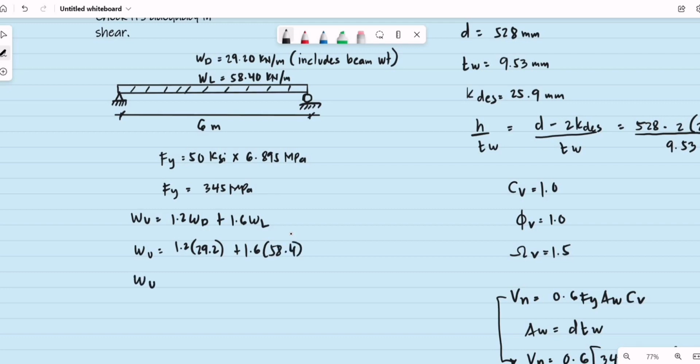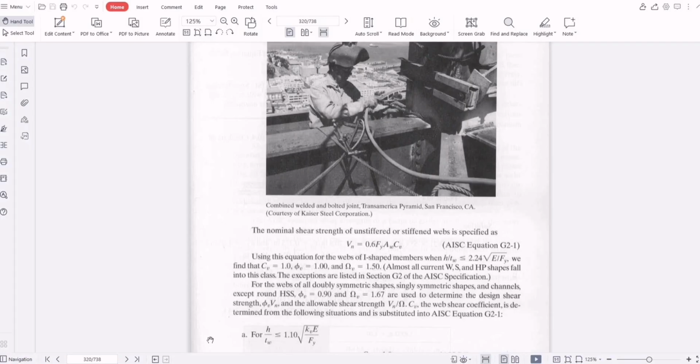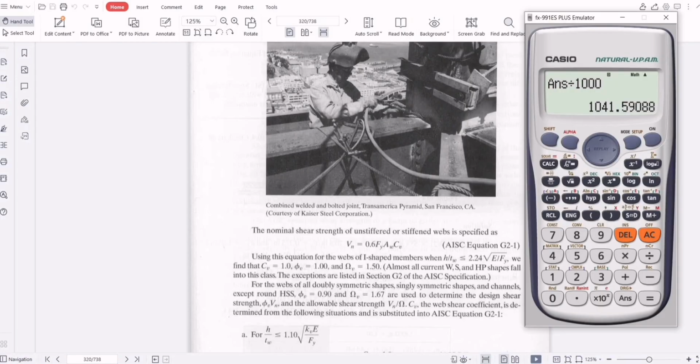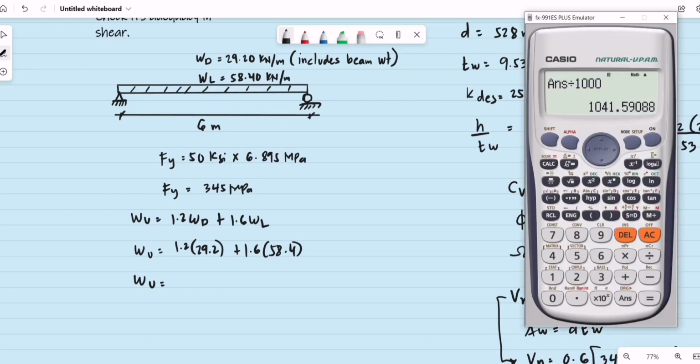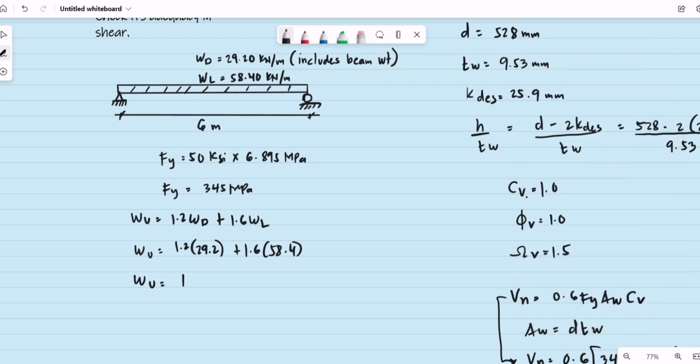So we have W sub U is equal to 1.2 of 29.2 plus 1.6 of 58.4. We can have it as 128.48 kilonewtons per meter.